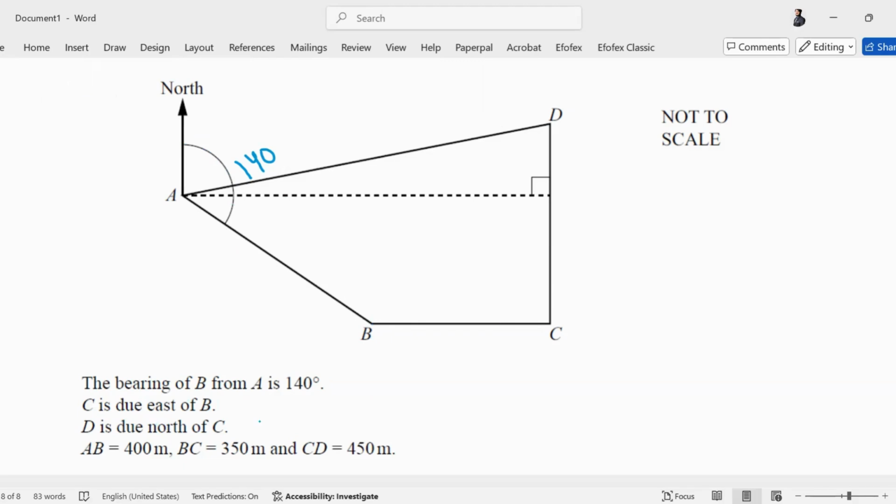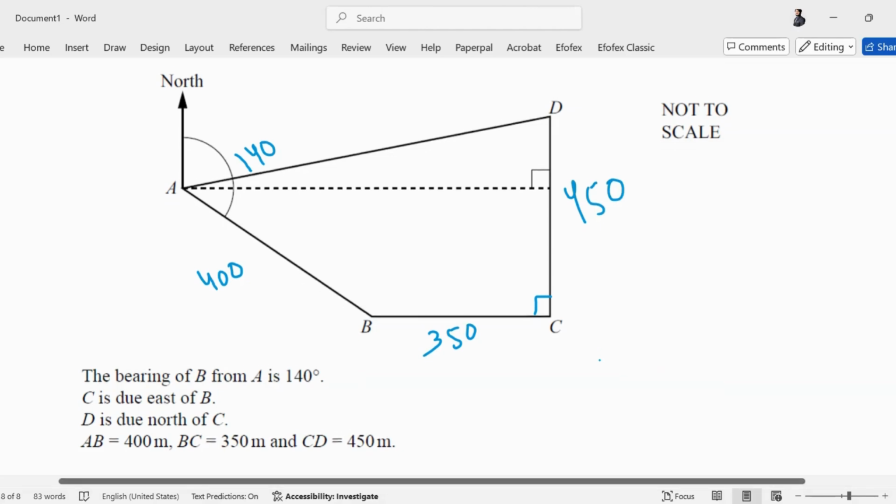D is due north of C. So this is also north, which means this angle is also 90. AB is 400 meters. BC is 350 meters. And CD entirely is 450 meters. Okay, so these are the values that the question has provided us.